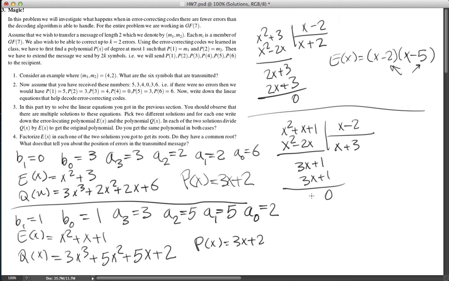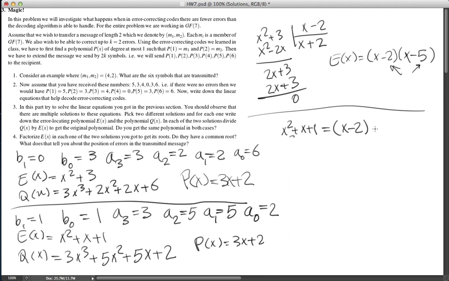So when you subtract, you get 0, as was expected. So in this case, e of x is just x minus 2 times x plus 3. Again, I'm going to write out the x plus 3 as x minus 4 in order for you to be able to see what the other root is.